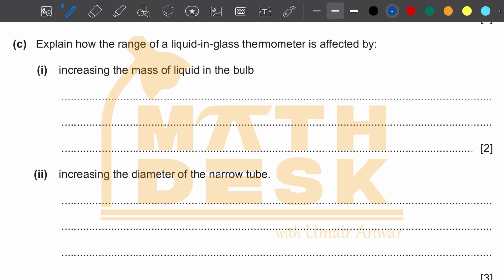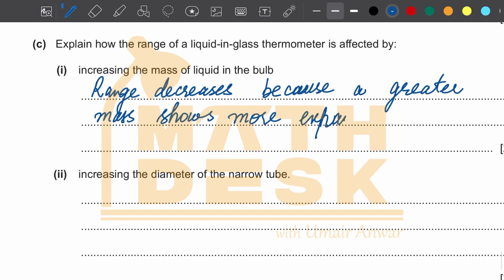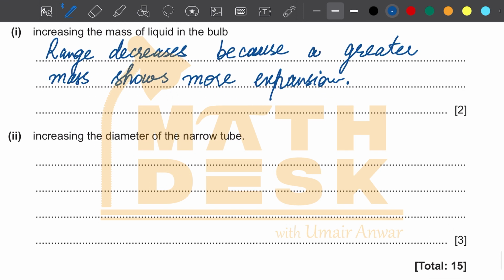So when we increase the mass, the range decreases because a greater mass shows more expansion. So when the expansions are larger, the range decreases.